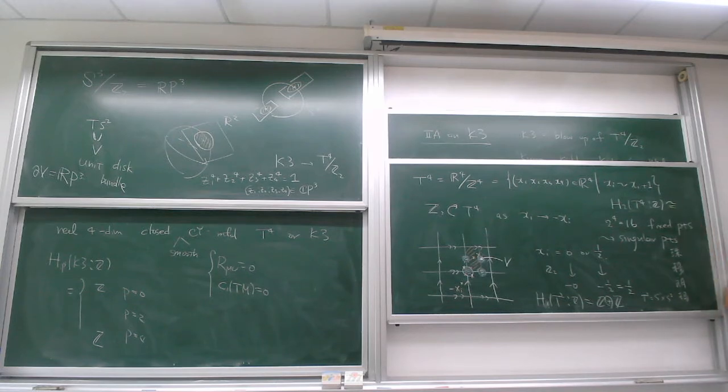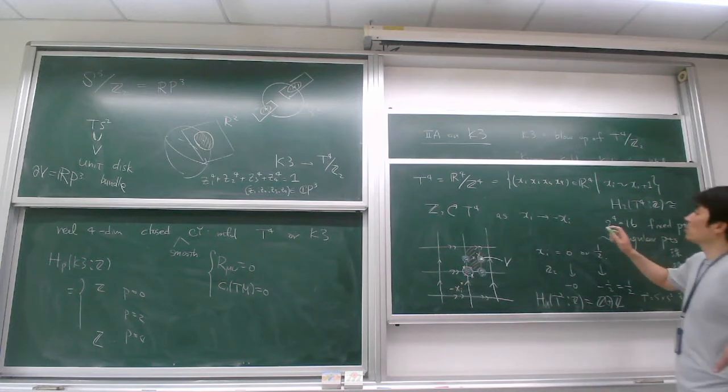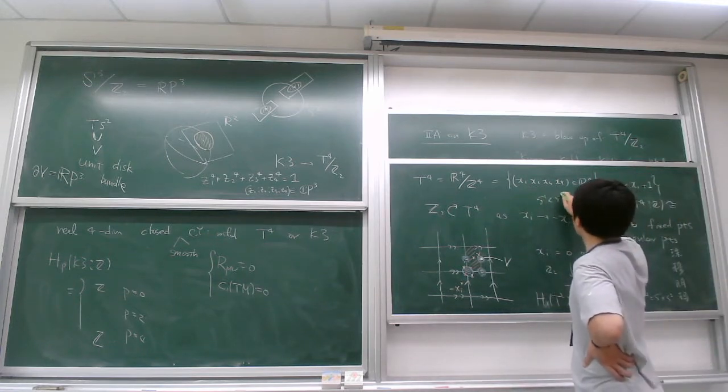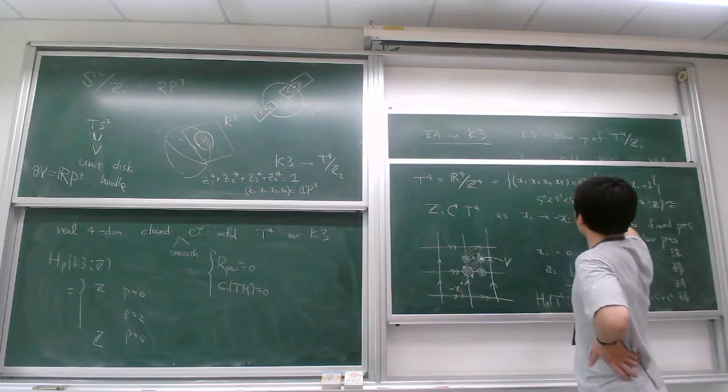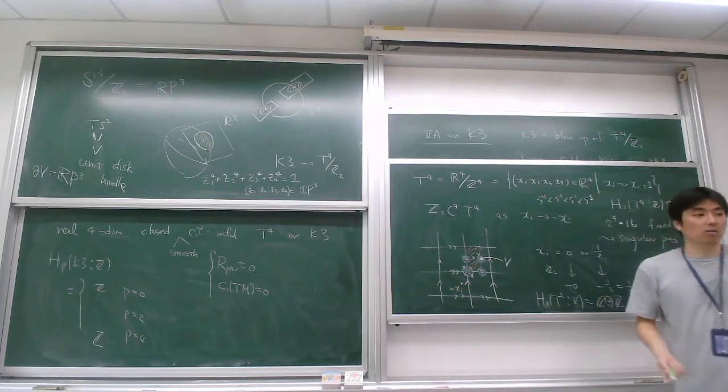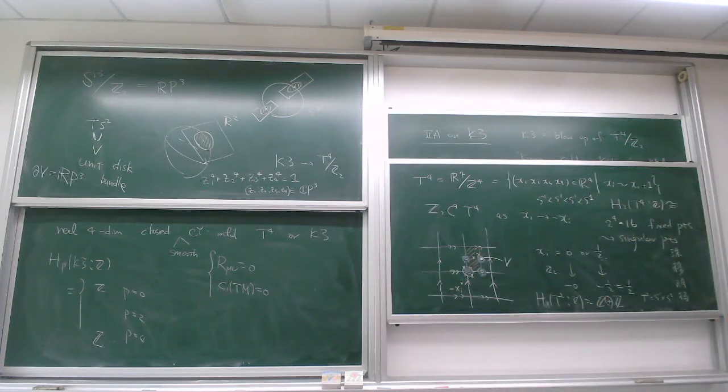How about this one? What kind of 2-cycle can you have? T4 is S1 cross S1 cross S1 cross S1. What kind of 2-cycle does it have?